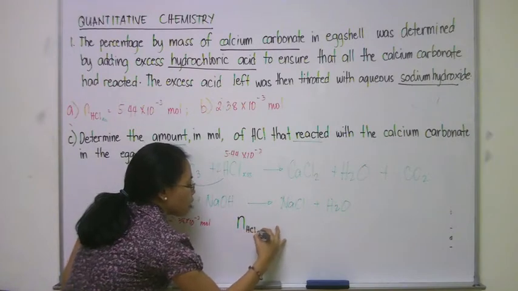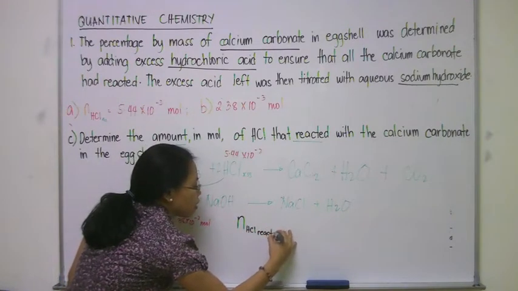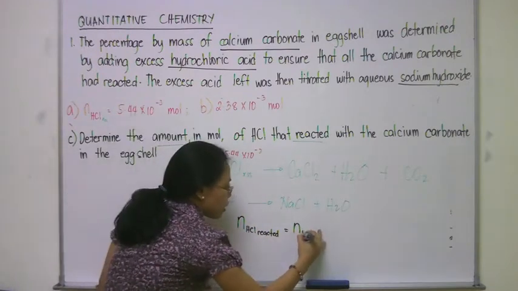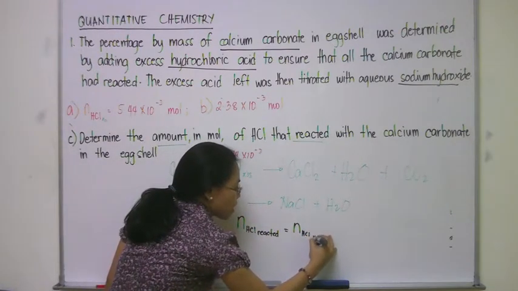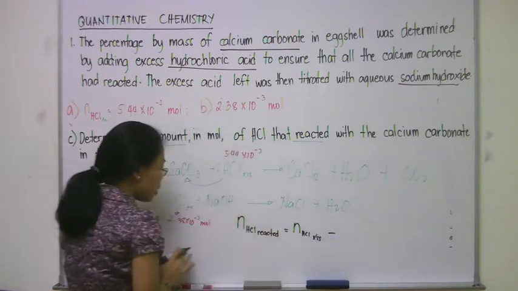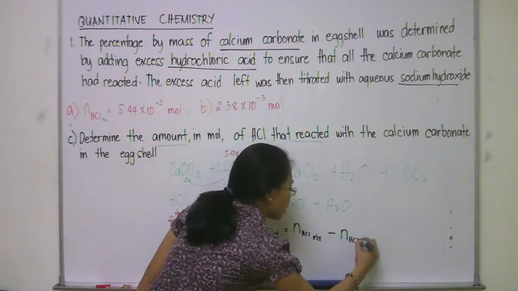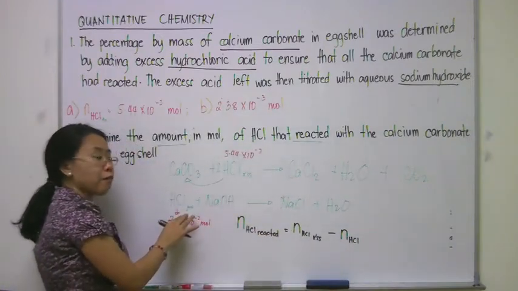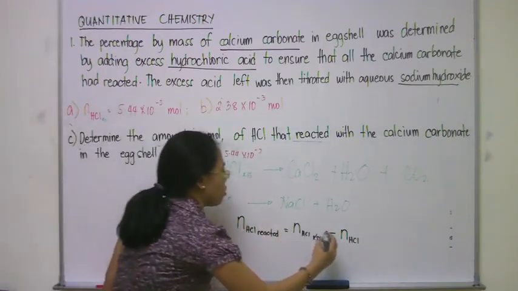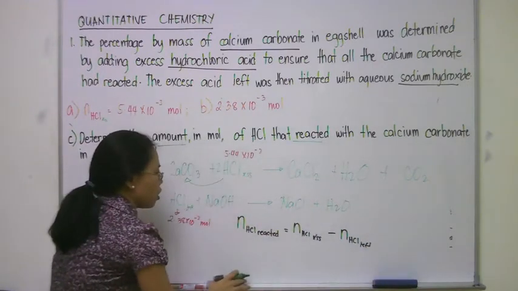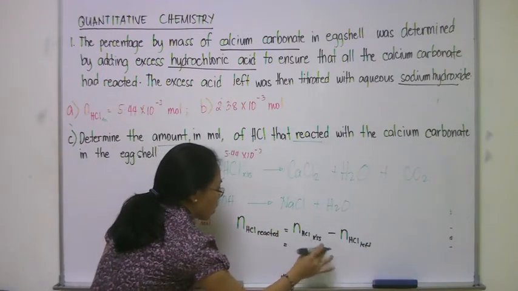So, moles of HCl reacted is equal to moles of HCl present in excess, minus the moles of HCl that is left from this reaction. Initially we were able to calculate this value.